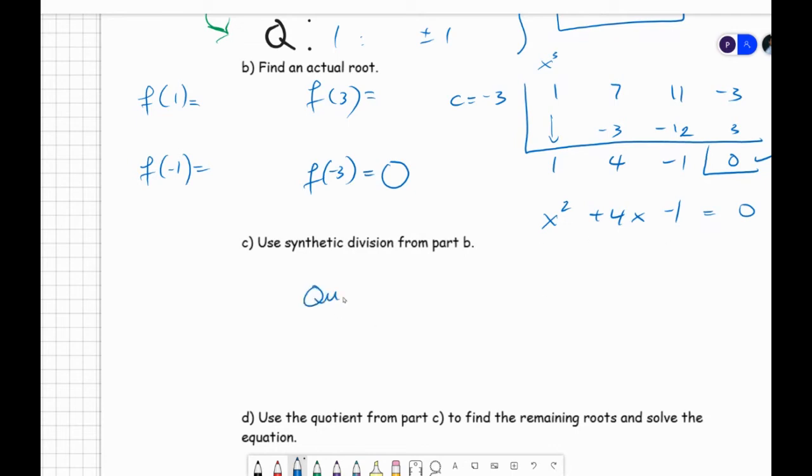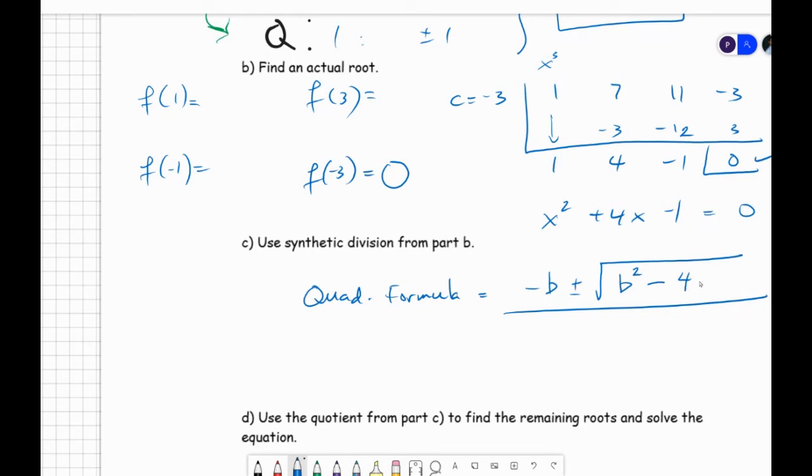So what is the quadratic formula? Do you remember? Yes. What is it? Negative b plus or minus the square root of b squared minus 4ac, all over 2a.